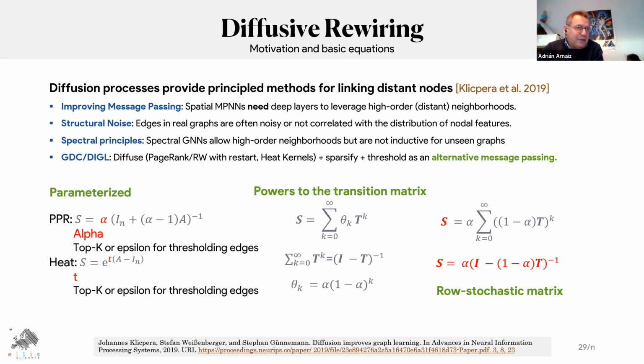Equivalently this can be done with the heat kernel, and in this case the parameter to learn is the best time, the optimal time, providing the most informative diffusion for the task. So, this S has the form of an inverse and is a stochastic matrix.